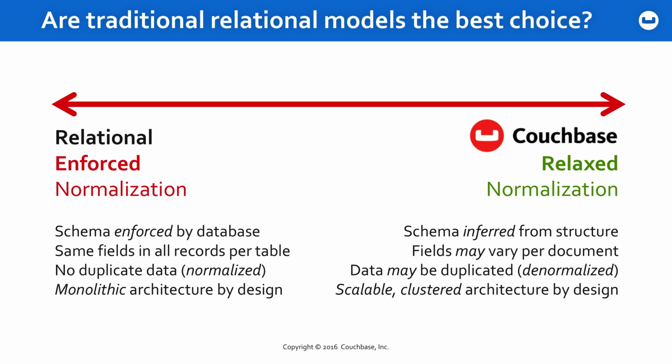You want more nodes? Add them. You want to drop some? Drop them. That's just how it works in modern software. So, last, the relational approach is optimized for data entry, whereas the relaxed approach is optimized for data use. Again, you can evolve your document structure over time easily. Just change the shape and keep moving.